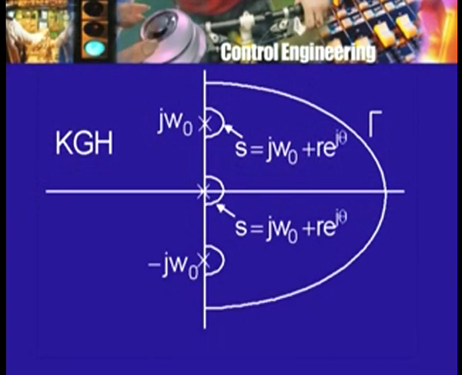Now, the contour gamma prime, what is going to be its sense of traverse? That will depend on the transfer function KGH. We took an example where it was the same, the sense of traverse of gamma prime as well as gamma was both clockwise. As a result, the number of encirclements ended up being a positive number.